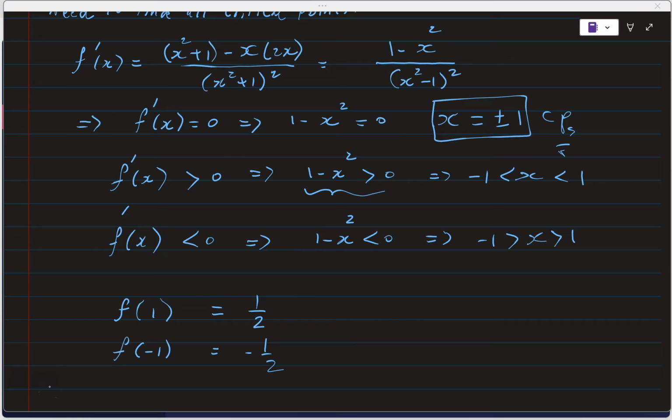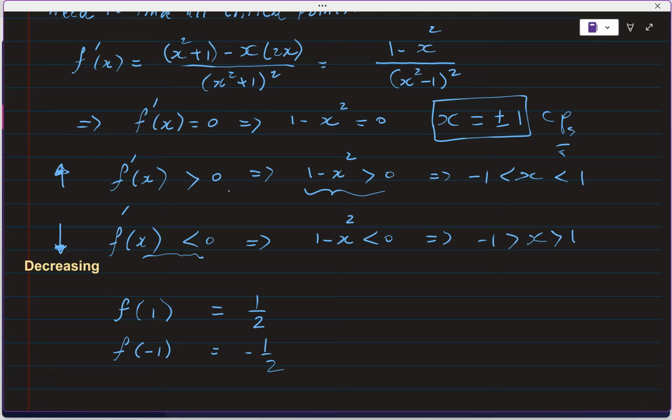Now remember that when we do the first derivative test for critical points, when the derivative of the function is greater than 0, we're checking for what values of x the function is increasing. And when f prime of x is less than 0, the function is decreasing.